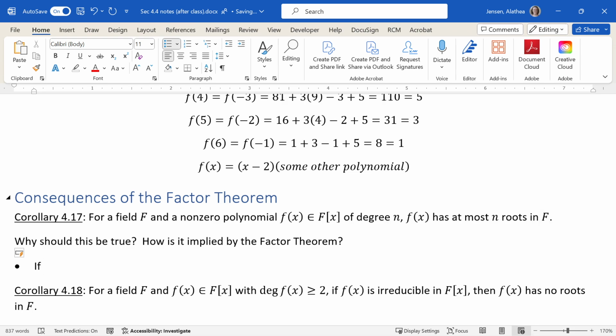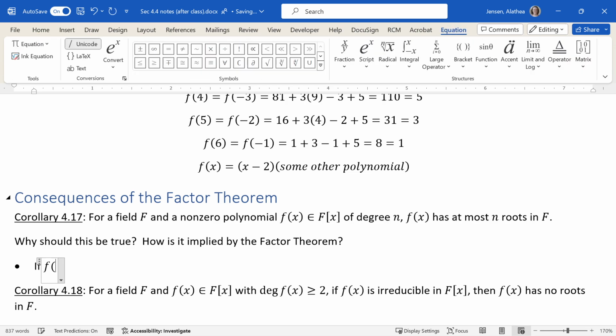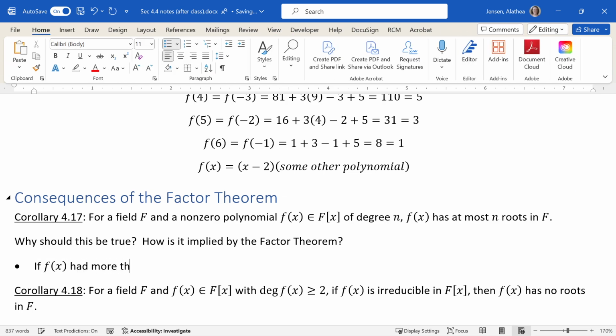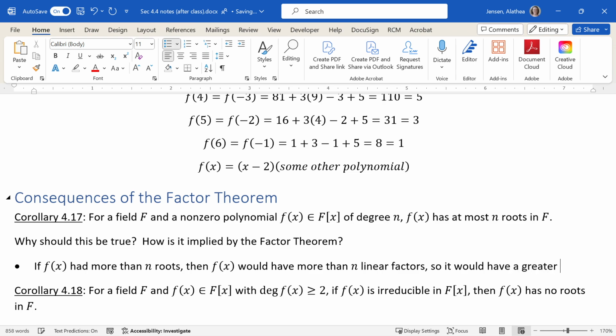So if we think about the situation where f of x had more than n roots, then f of x would have more than n linear factors, so it would have more than n degree. Greater degree than n.